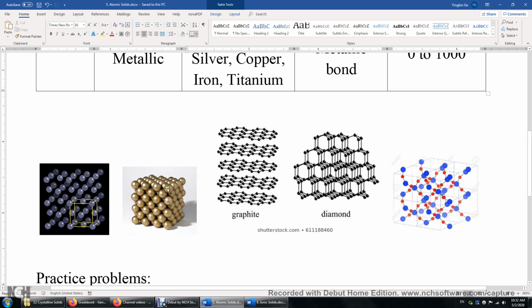We have metallic bonds between gold atoms, and the metallic bonds are weaker than covalent bonds. Therefore, the melting point of metals is lower than the melting point of those network covalent solids. Now let's look at graphite and diamond.